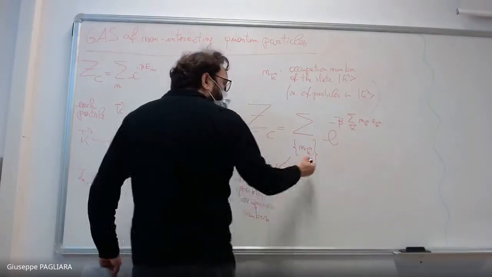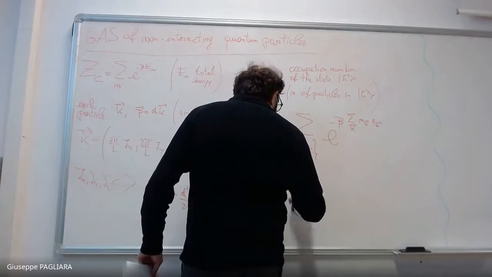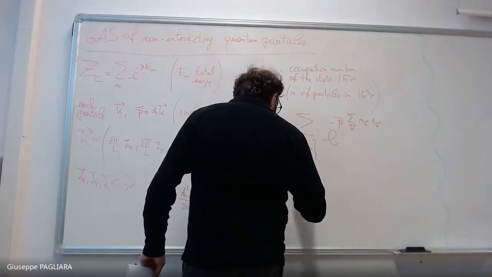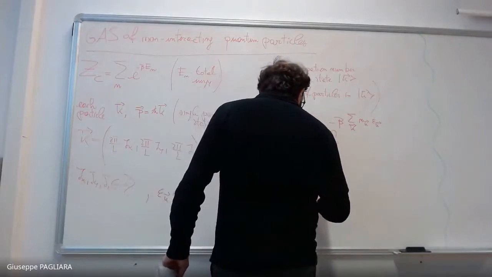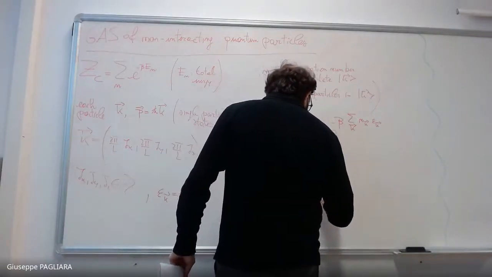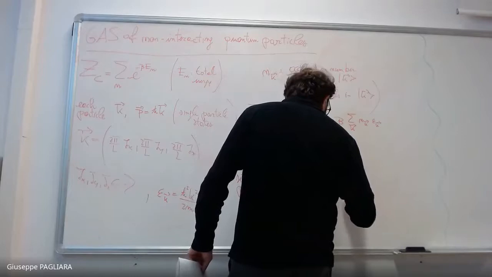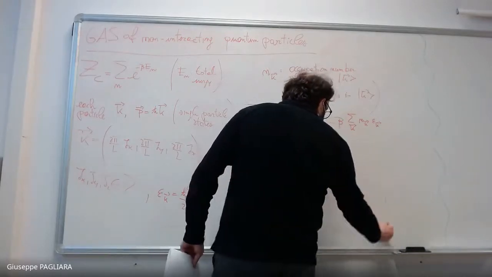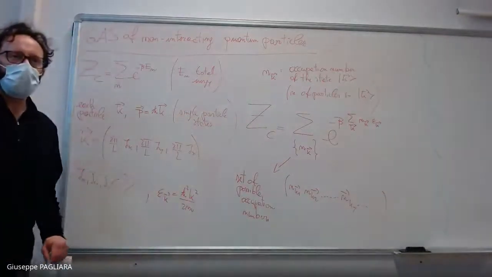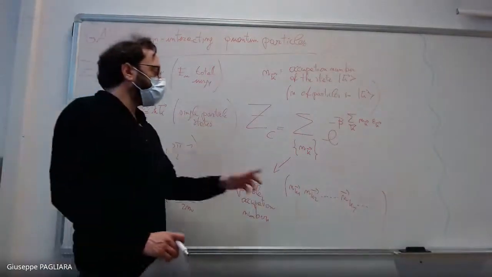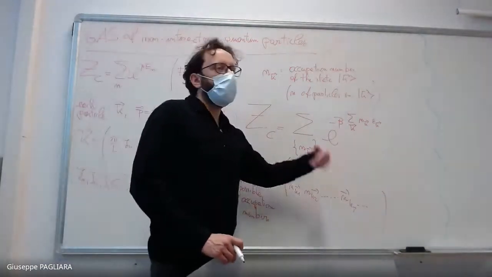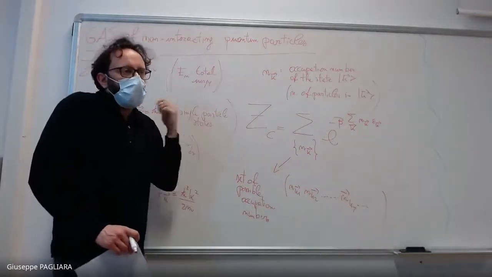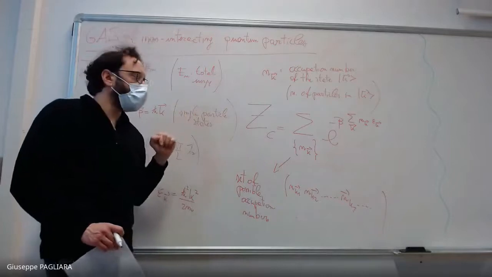So actually here I'm running over several n_k: n_k1, n_k2, n_k3, because once I fix k1, k2, k3, up to k infinity, I can have several different occupation numbers for each of these states.